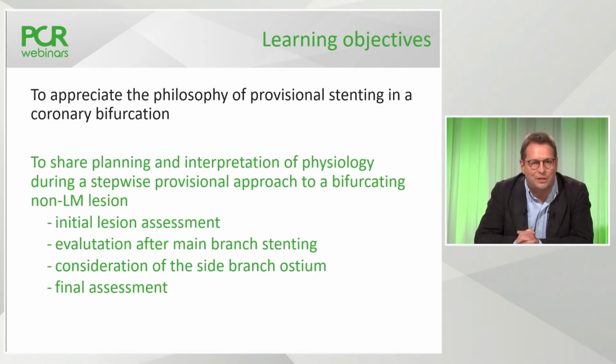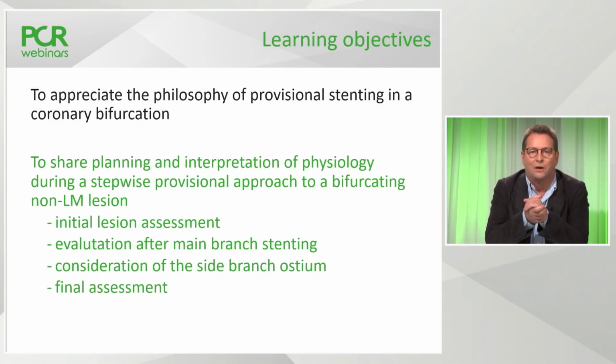Excellent. And that is really setting the scene for what we are going to go through today. Actually, the main issue is to appreciate the philosophy of how we do provisional stenting in a coronary bifurcation. But today also to share the planning and interpretation of the lesion by physiology and set physiology into perspective in where it could guide us during the provisional stenting stepwise approach.